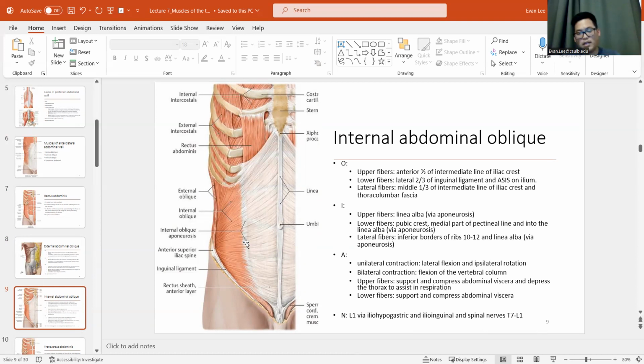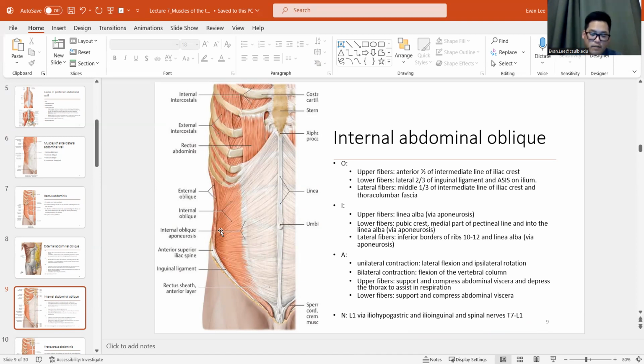In the case of the internal abdominal oblique, you have upper, lower, and then lateral fibers. Upper and lower are basically what you'd expect, but then you also have lateral fibers that are going to be more along the sides. So depending on which fibers you're talking about, it'll go in different directions.